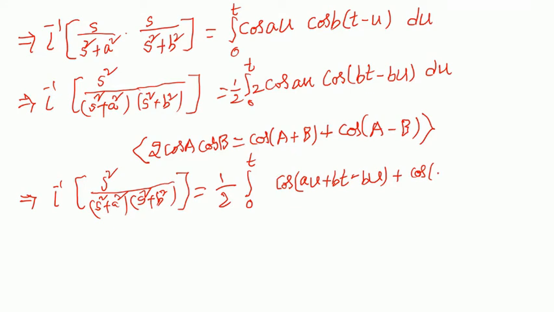Cos of a minus b means au minus bt plus bu, right now, into du. So this is equal to 1 by 2 into the integration of cos with respect to u, right? What is that here?